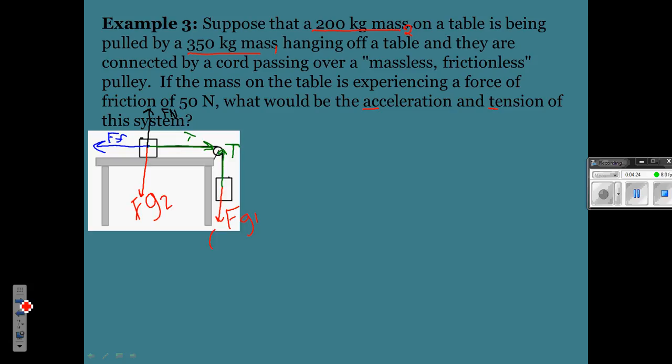Okay? So the mass here is 350 kilograms, and the mass here is 200 kilograms. So I can take 350 and multiply it by 9.8, and that is going to give me 3,430 newtons, if I remember correctly.